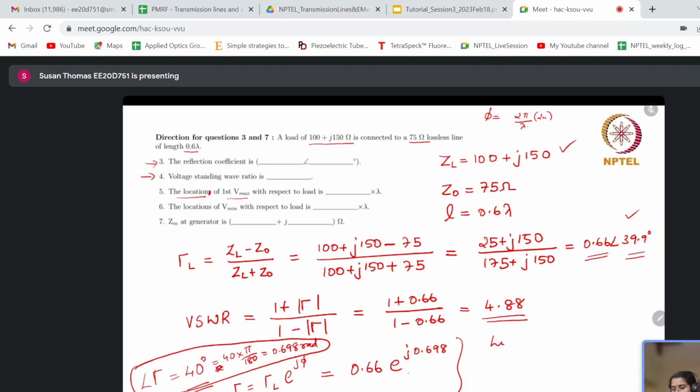The location of first Vmax is this phase divided by 4 pi into lambda.